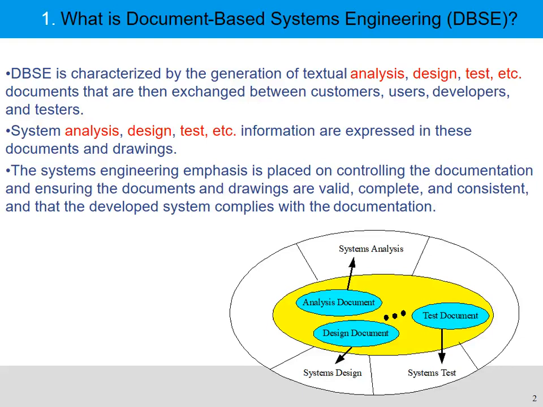Secondly, all this system analysis, design, test information are expressed in these documents. Third, the system engineering will emphasize how to control this documentation and ensuring all the document drawings are very consistent.